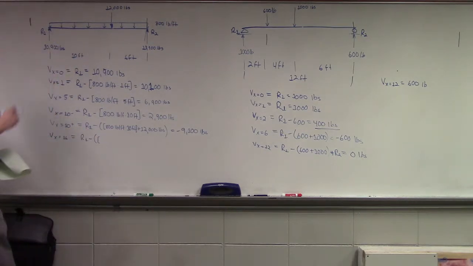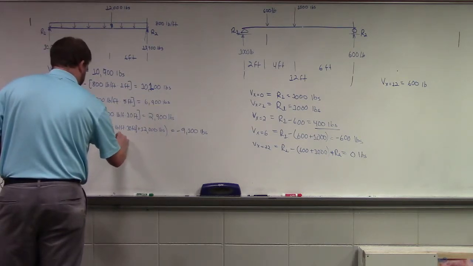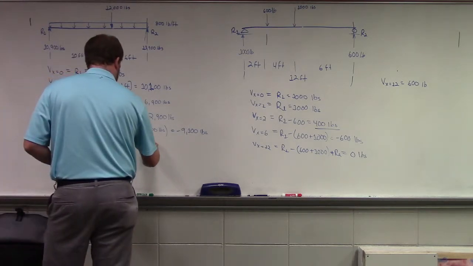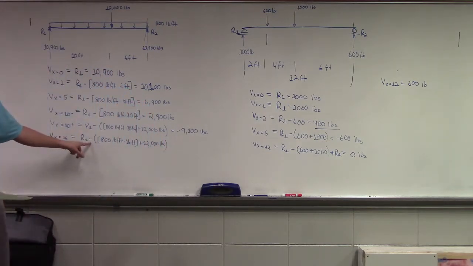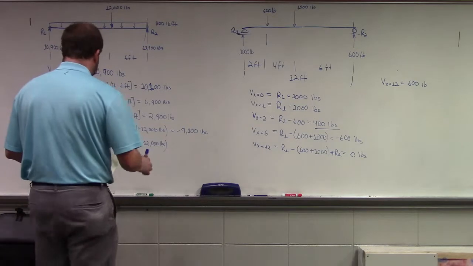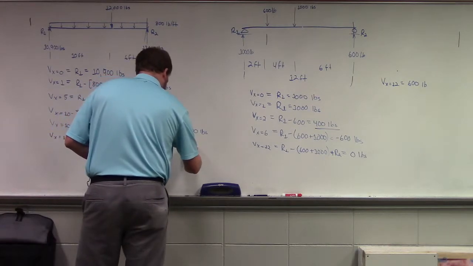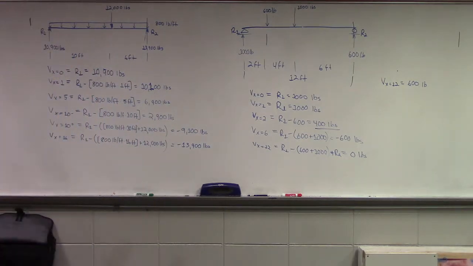What would we have for a uniformly distributed load? 800 pounds per foot, plus the 12,000, keeping them all in parentheses. That gives 13.9, so you're right at the top of R2.